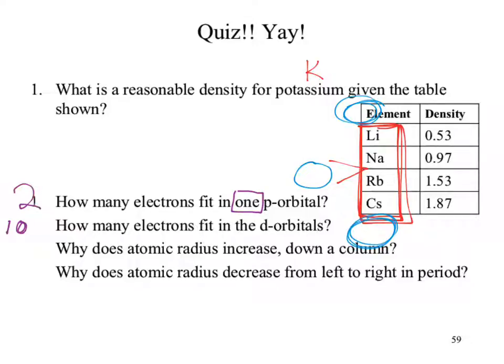Okay? Why does atomic radius increase down a column? It gets bigger. Okay. So it gets bigger because it gets bigger. That doesn't quite work as a definition. We need a better explanation than that. We have more electrons, and as we go down a column, what happens?